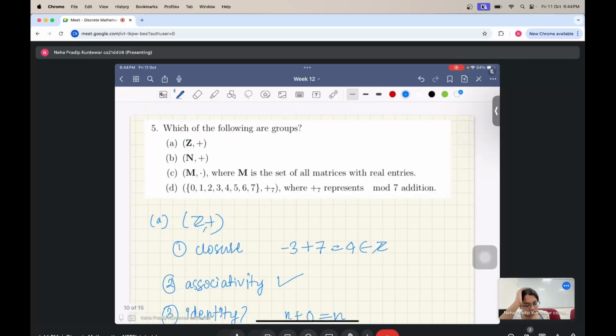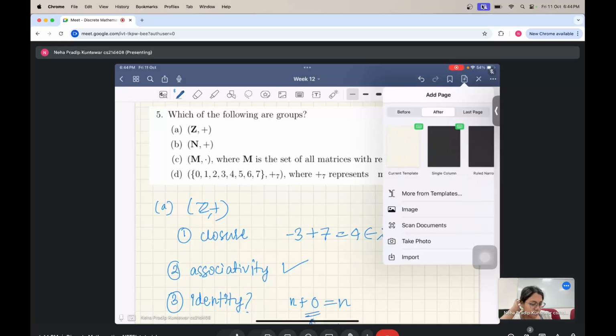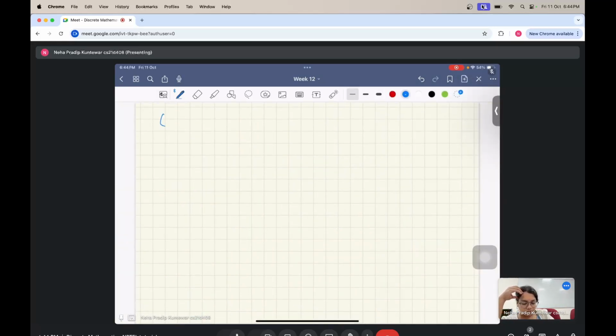Now, let's look at the second example, which is the natural numbers with addition.